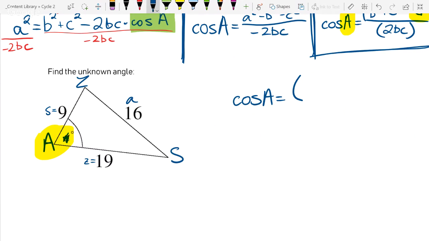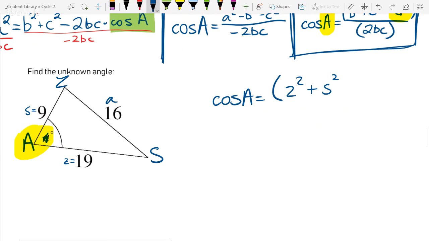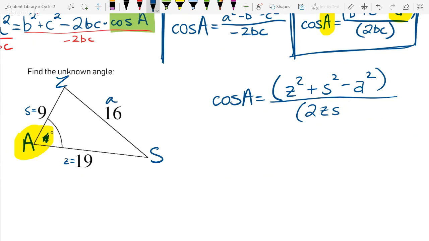Yep, z squared plus a squared. Which one gets added? Oh, sorry. C. Yep. S squared. Yep, perfect. In your case, C, no problem. And then what do we do with A? Minus A squared, and it's over 2. Very good.